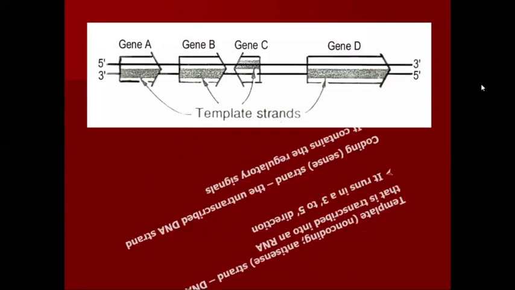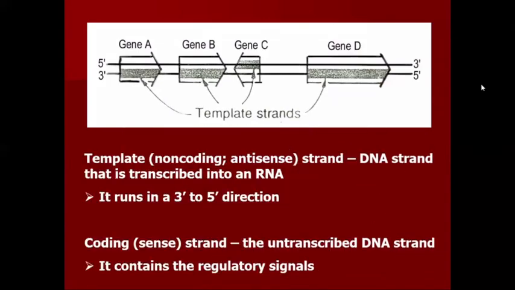Okay. What do we have here? Okay, we have here a segment of the DNA. And in this segment of DNA, we have 4 genes. A, B, C, and D. Okay?